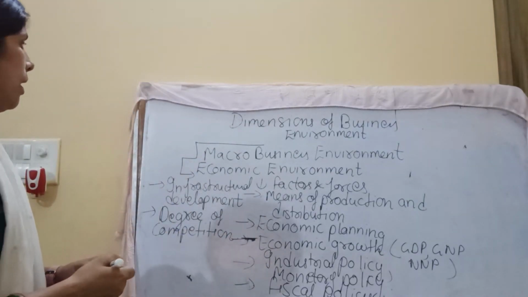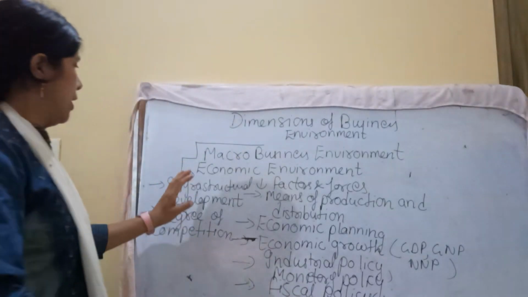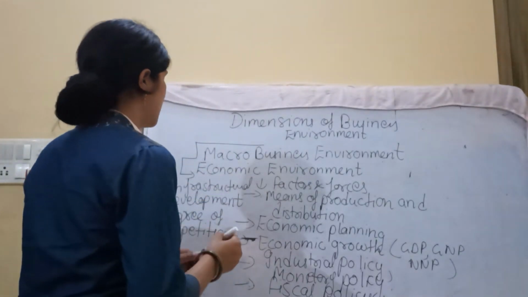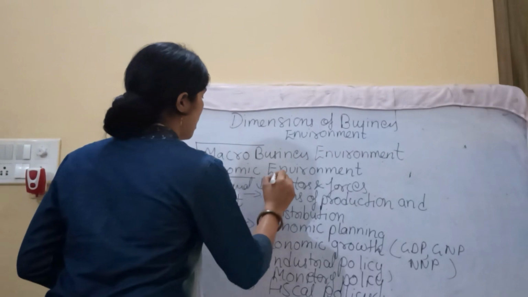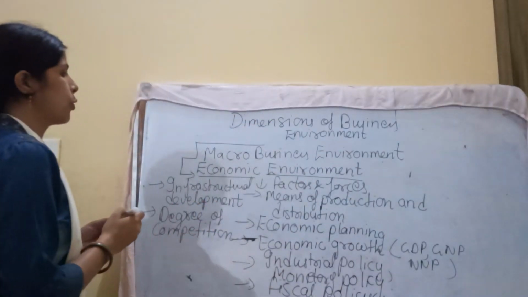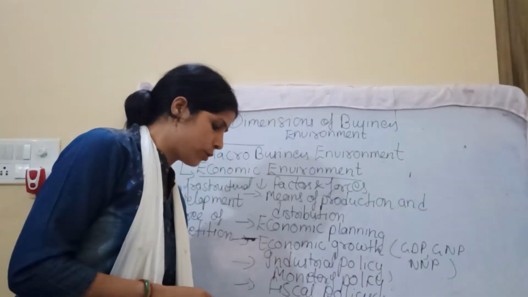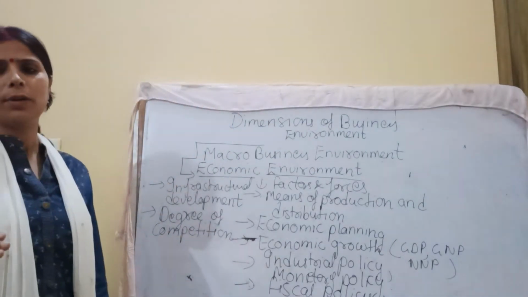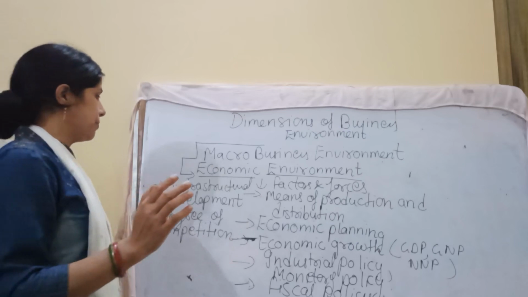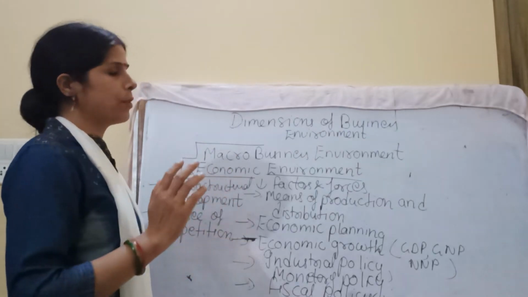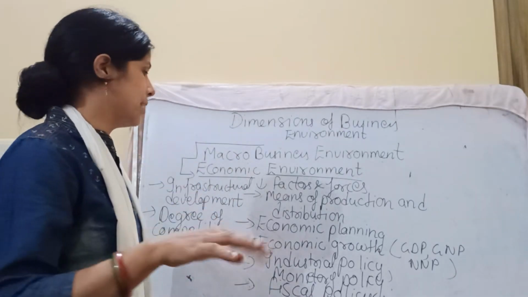Now, let us understand about this economic environment. This is the first component of this macro business environment. This macro business environment, as we know, is also called indirect action environment because it affects the functioning of the business indirectly, not directly.